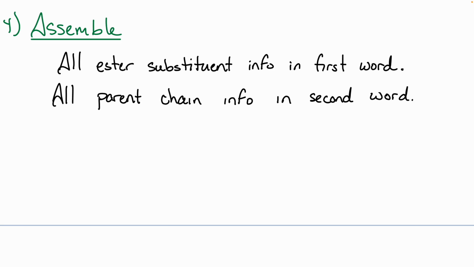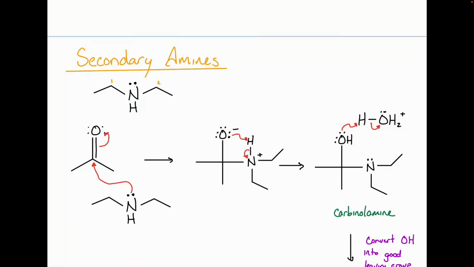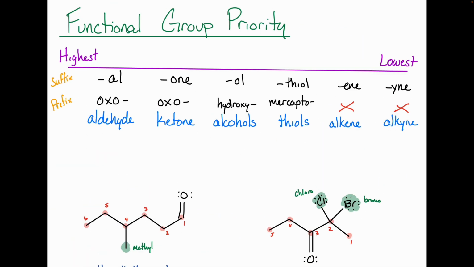Cool. And so the last thing, and we're just going to do a bunch of examples here. The last thing that we're going to do, though, is update our priority list here. Remember, we've been keeping track of all these functional group priorities.